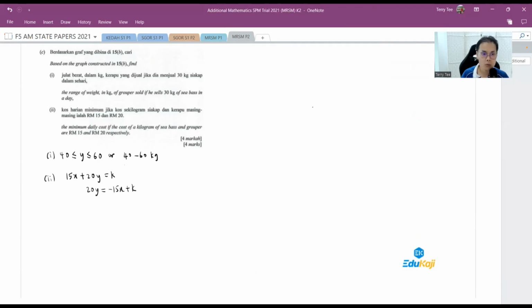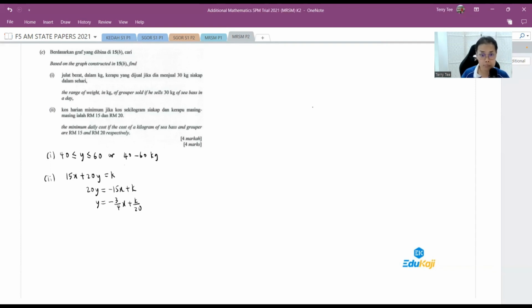After all, what we are concerned about is the gradient of this line, right? k affects your y-intercept. We can go up and down, but the gradient is very important. The gradient in this case must be negative 15 over 20, which is negative 3 over 4, x, and then plus k over 20. That means this line will have a gradient of negative 3 over 4, but your y-intercept is variable.